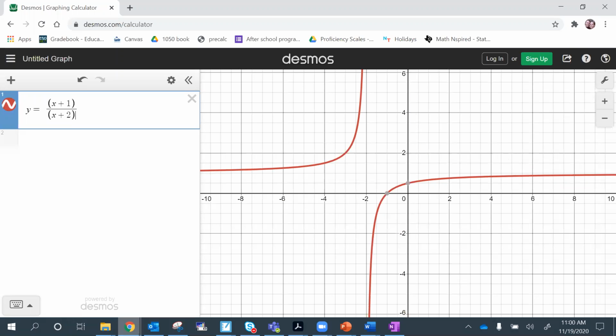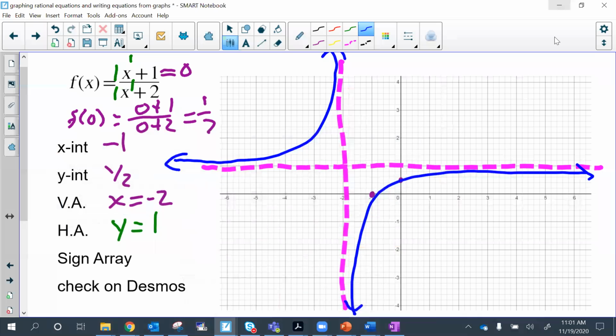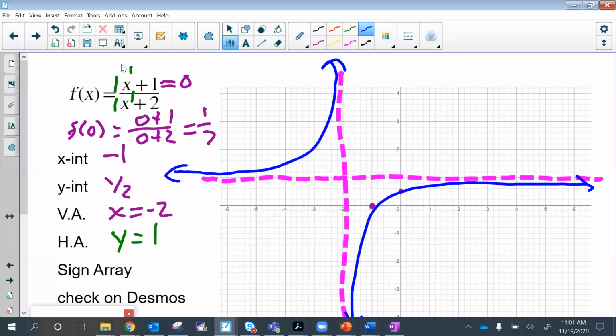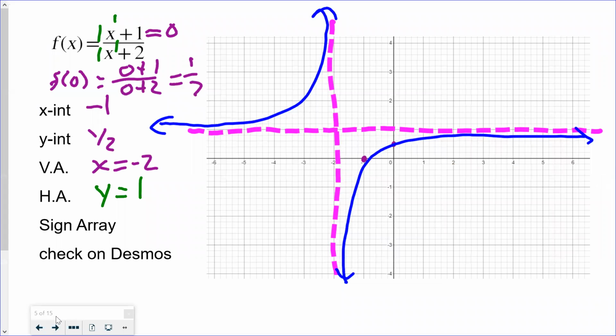And does that match what we got here? Let's see, we've got a horizontal asymptote at y equals 1, vertical asymptote at -2, x-intercept at -1, and a y-intercept at 1/2. Pretty good, guys. Good job. Do you have any questions on that? If not, we're just going to keep going.